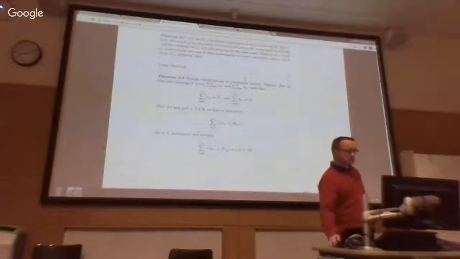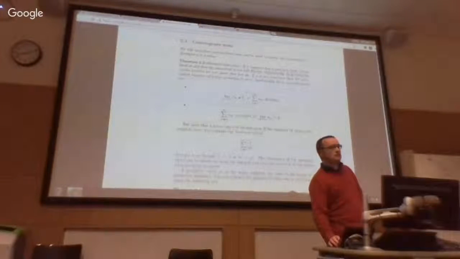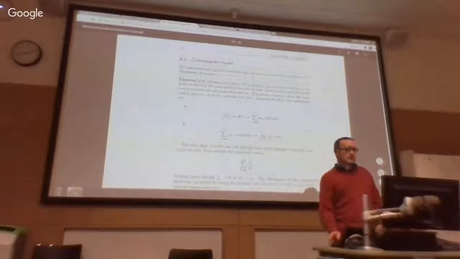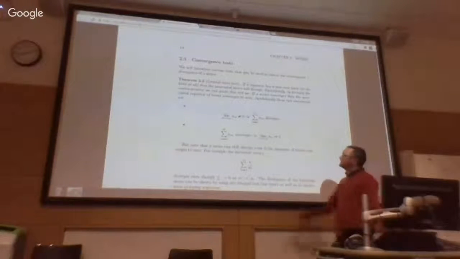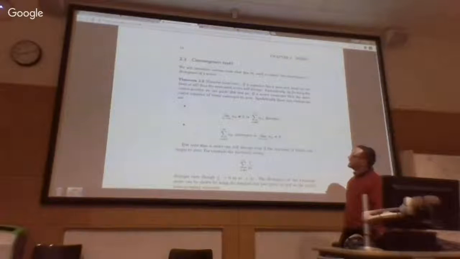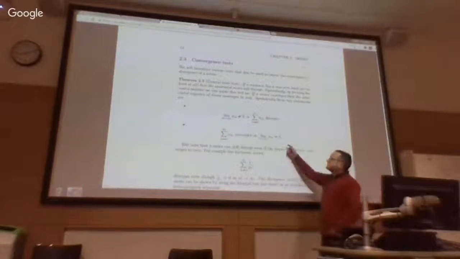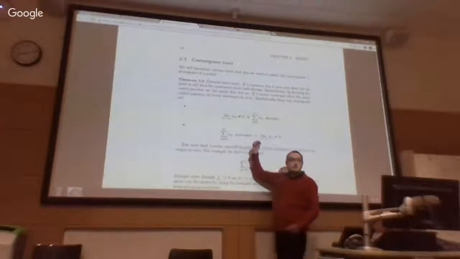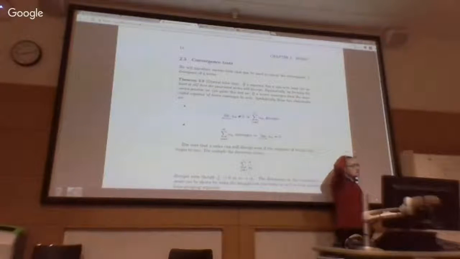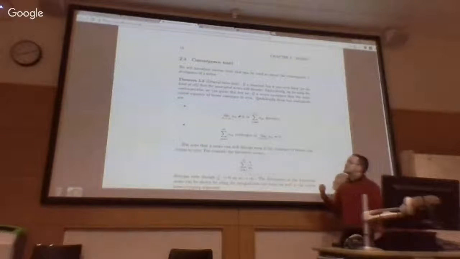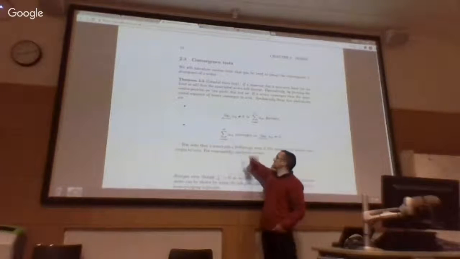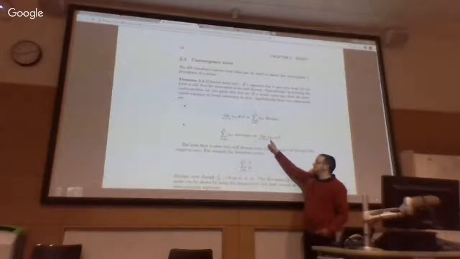Okay, so coming back today, we're going to be looking at this section of 2.3 of convergence tests, looking at other different convergence tests. The first of these we also did last time, which is called the general term test. And we proved formally, using the definition of convergence, that if you have a convergent series, the terms must be converging to 0. If the series converges, the sequence of terms converges to 0.